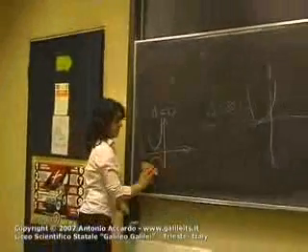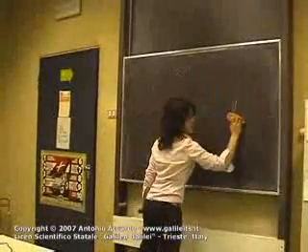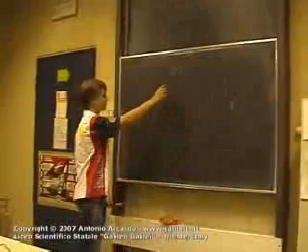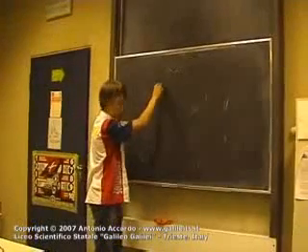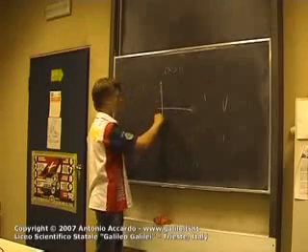Okay. Let's see something about C. Mr. Trabocchia, please. Yes. So, to study the behavior of C, we must investigate the intersection of the parabola with the y-axis. This one.